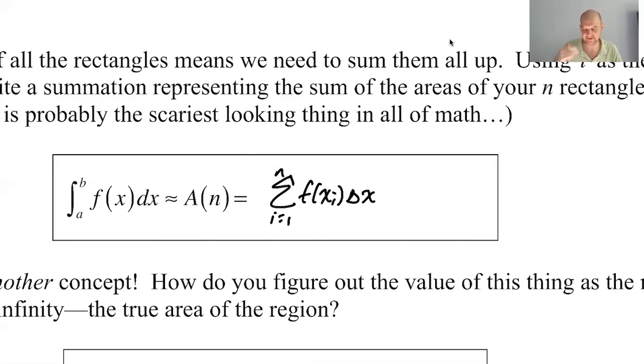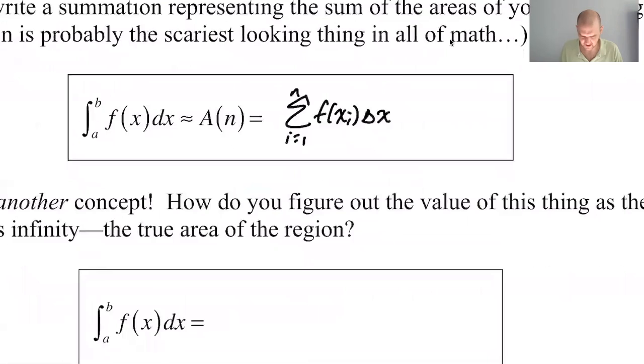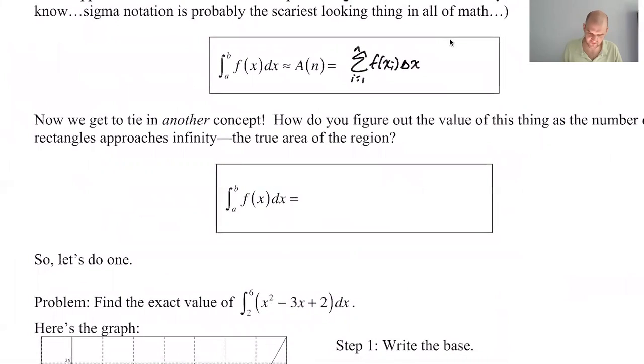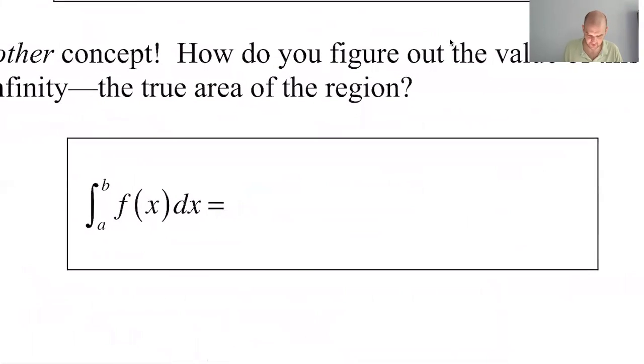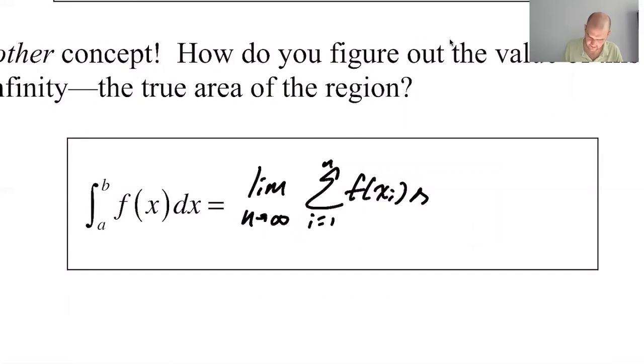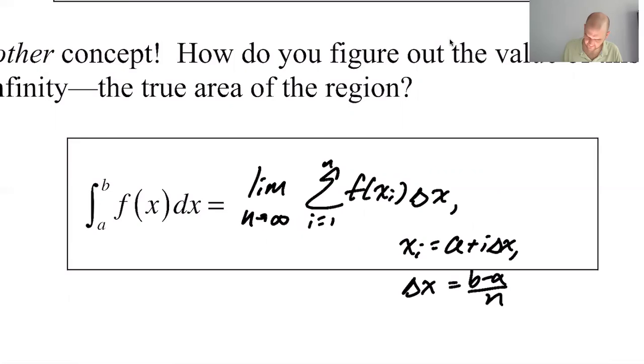Because I really want an infinite number. I want to do A of infinity, but that doesn't make sense. But I want to do A of a trillion, A of 10 trillion, a quadrillion, quintillion, whatever bigger things. So the actual true value, and it can be a lot of work to get to this point, should be the limit as n approaches infinity of the sum from 1 to n of f of x sub i delta x, where x sub i is a plus i delta x, and delta x is b minus a over n.